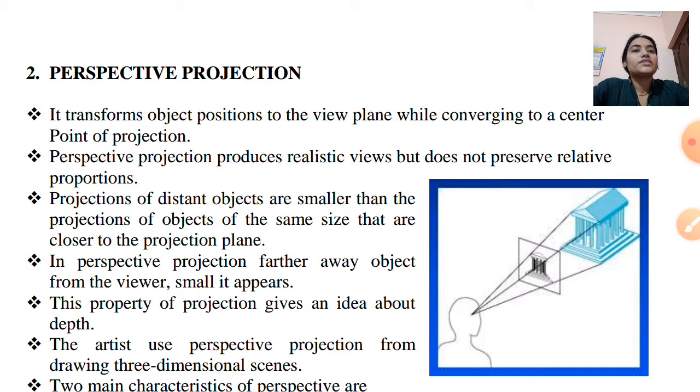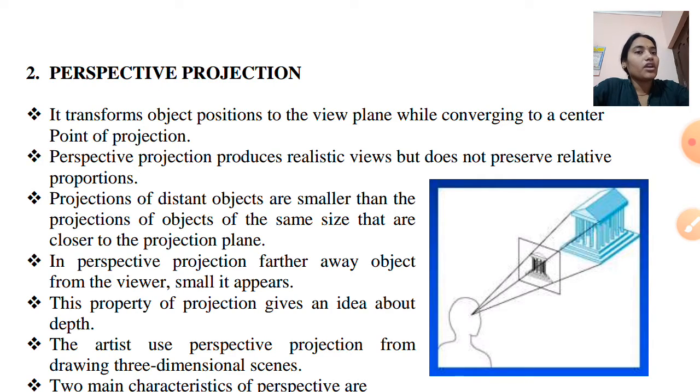Projection of distant objects are smaller than the projection of objects of the same size that are closer to the projection plane. In perspective projection, the farther away an object is from the viewer, the smaller it appears.